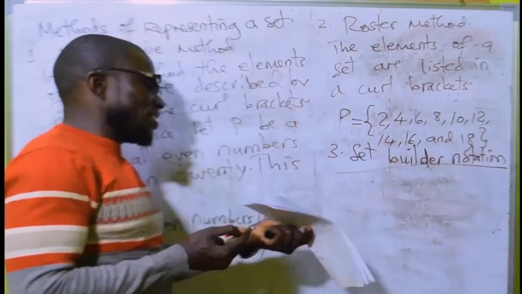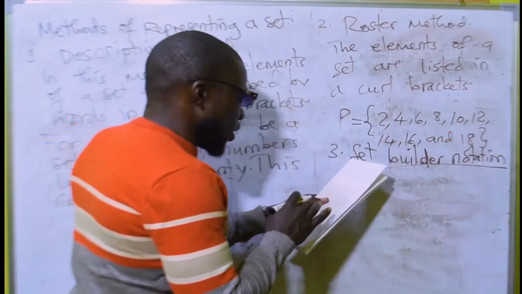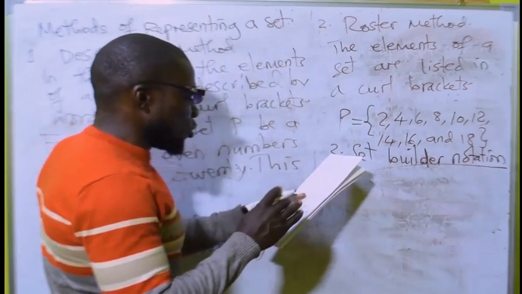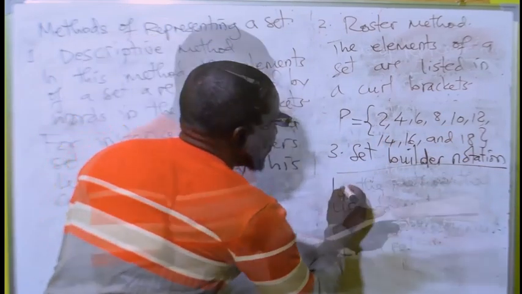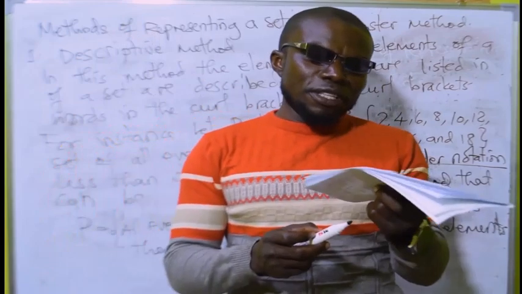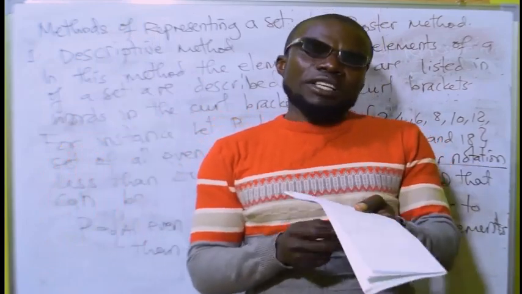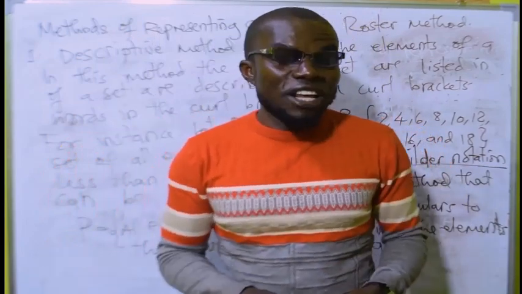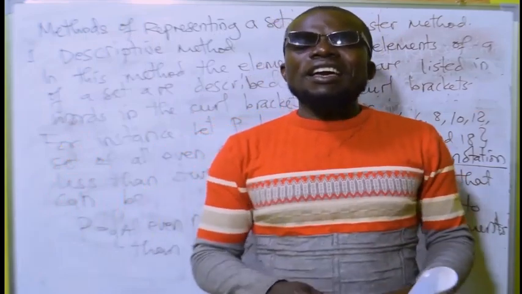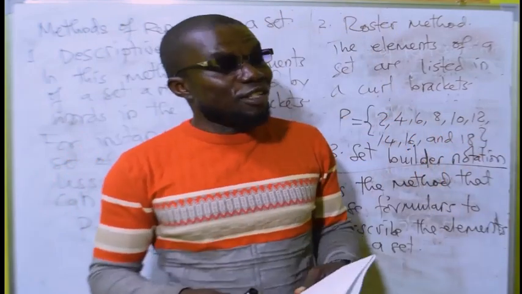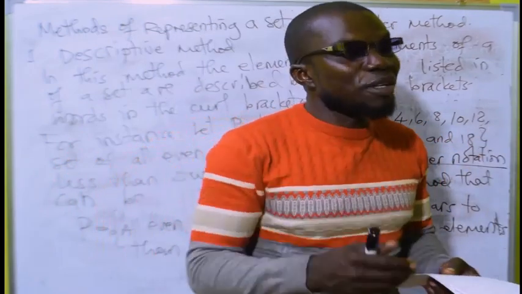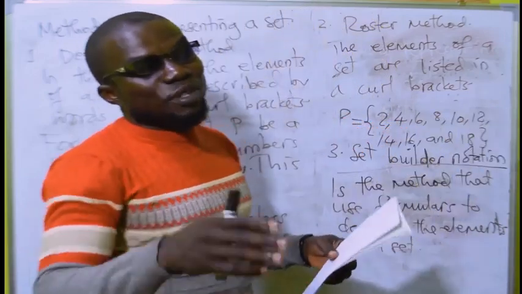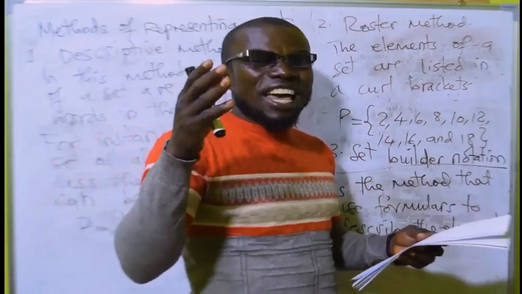This method involves the use of formulas to describe a set. If the elements are described by using symbols, it is very common to use x, especially the small letter x.